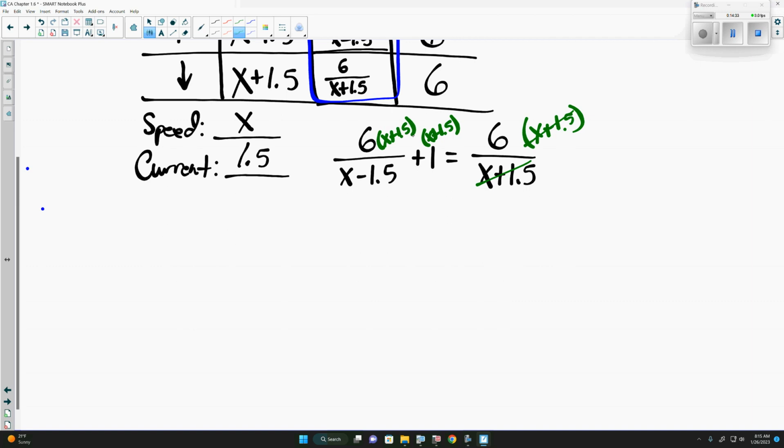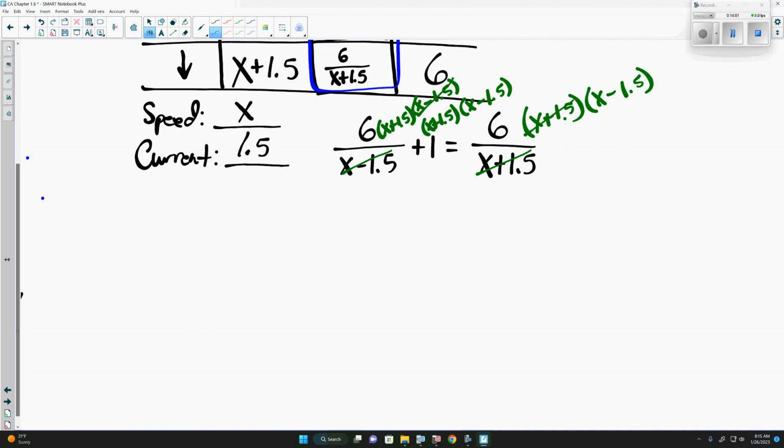But we still have one other. We have the x minus 1.5. Well, over here, those two will cancel each other out.